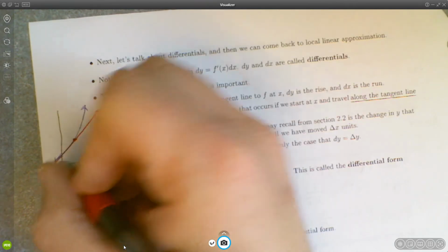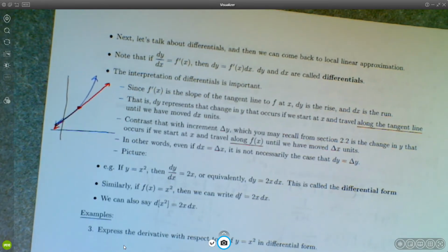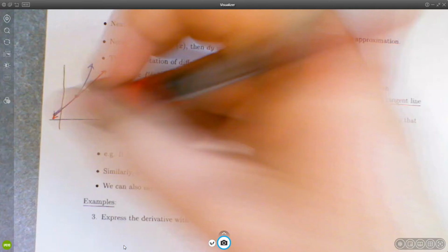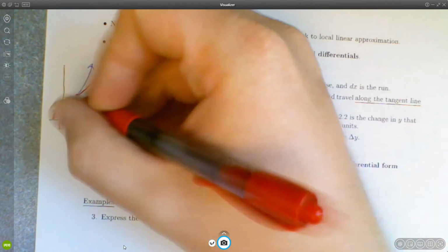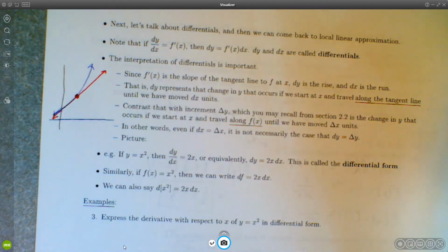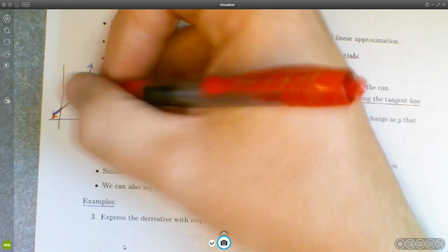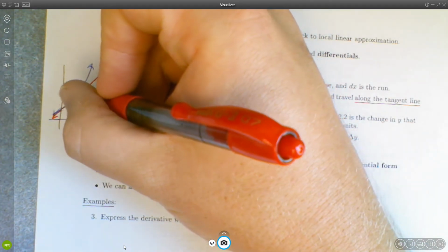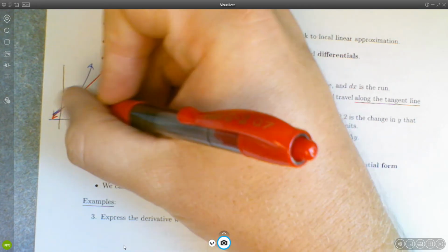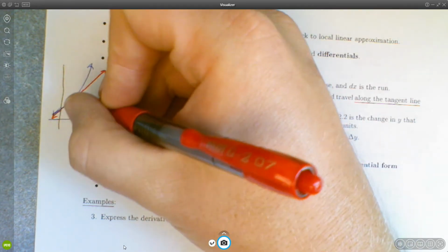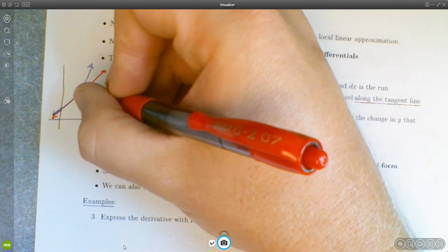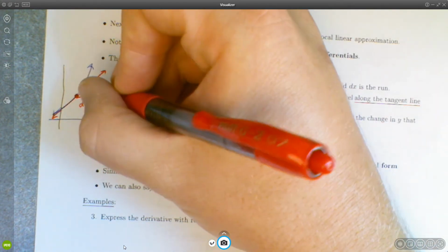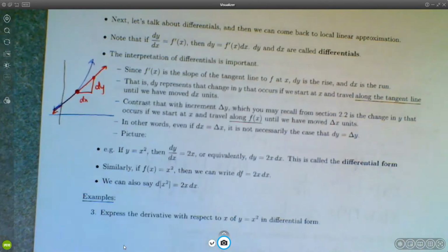And let's say that you move this distance. So this would be delta x, or sorry, dx, and then if you go from there to there, this distance would be dy.